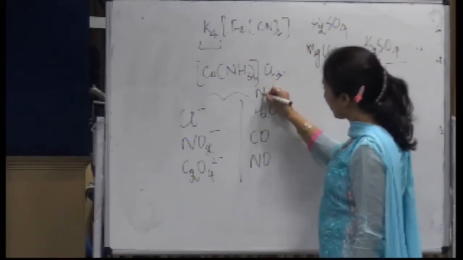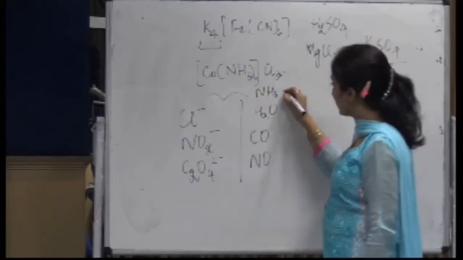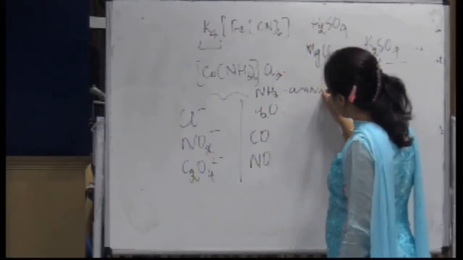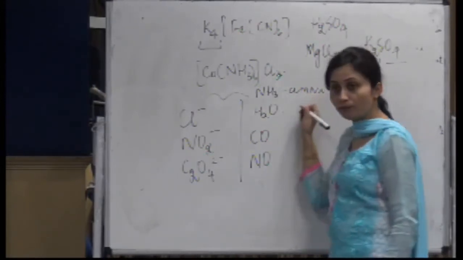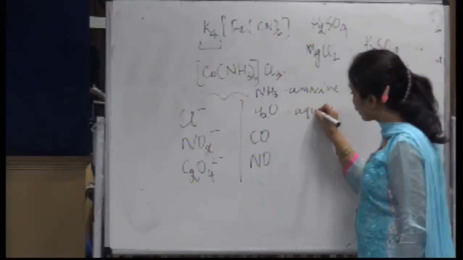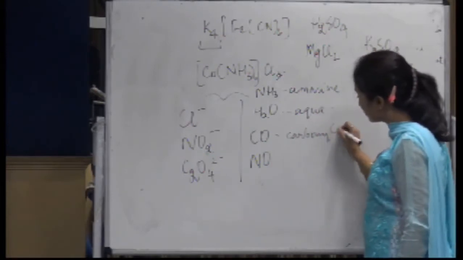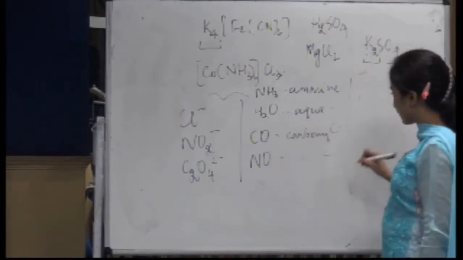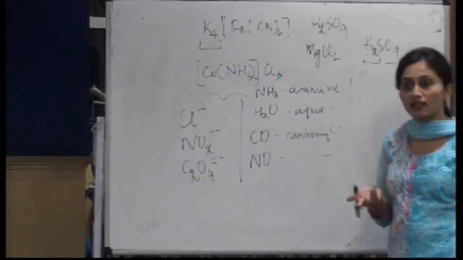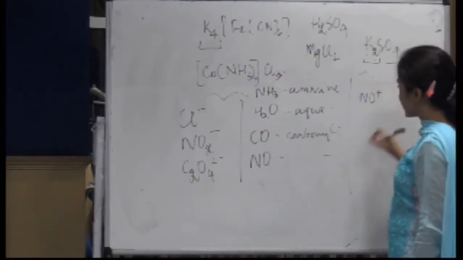This is your ammonia, but when it is a ligand, it is known as ammine with a double M. This is your now, you tell me, aqua. This is carbonyl, nitrosyl.